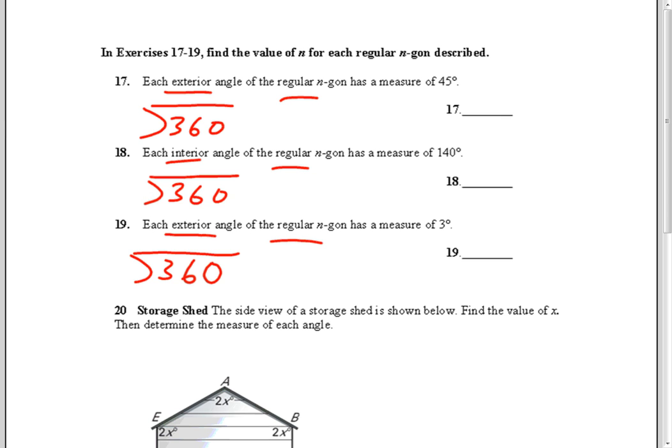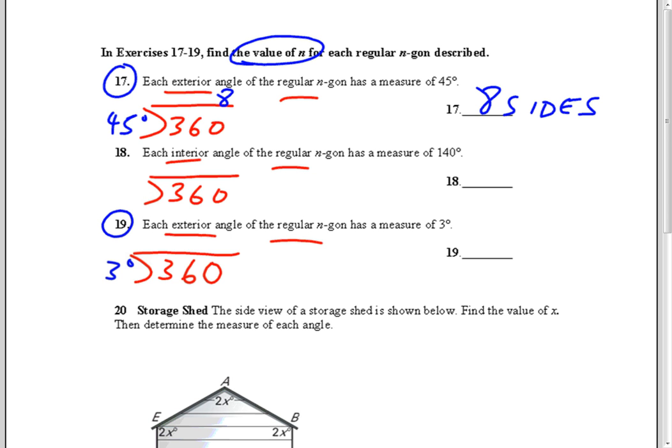I'm going to go to the outside no matter what. This is good because they're giving me the outside. Put 45 here, put 3 here. Do some division. 360 divided by 45, that should have been 8 sides. 360 divided by 3, 120 sides.